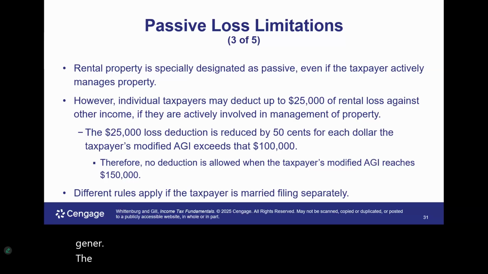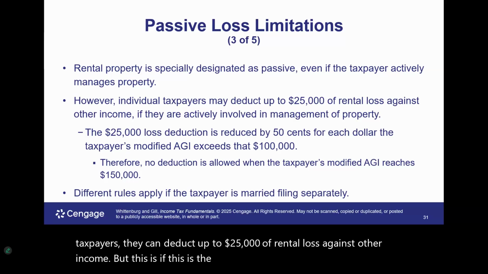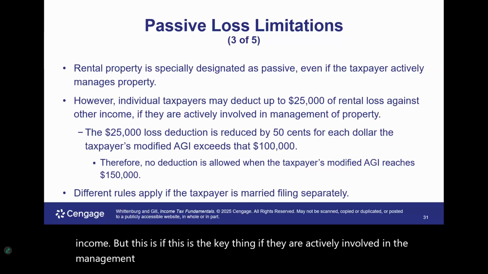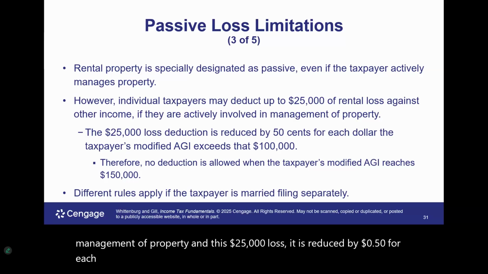So in such case, when the taxpayer actively manages property, individual taxpayers can deduct up to $25,000 of rental loss against other income. But this is the key thing: they must be actively involved in the management of the property. And this $25,000 loss is reduced by 50 cents for each dollar that the taxpayer's modified adjusted gross income exceeds $100,000.